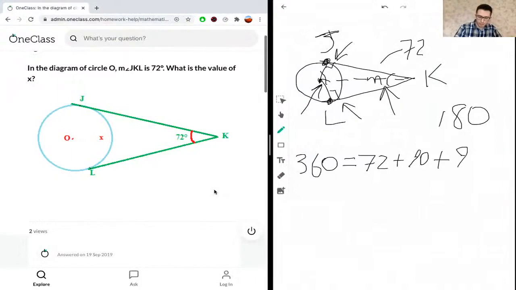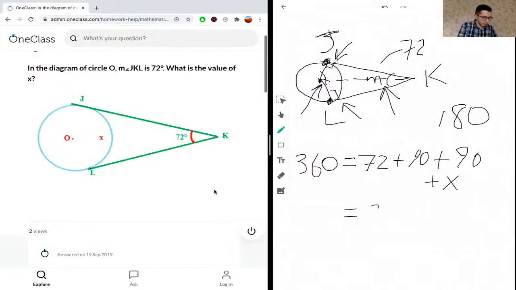And we also have X. So we can add up 72, 90, and 90. So 90 plus 90 is 180. And then adding on 72 should give us 252, I believe.